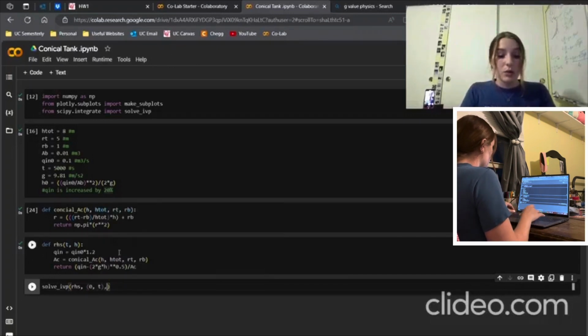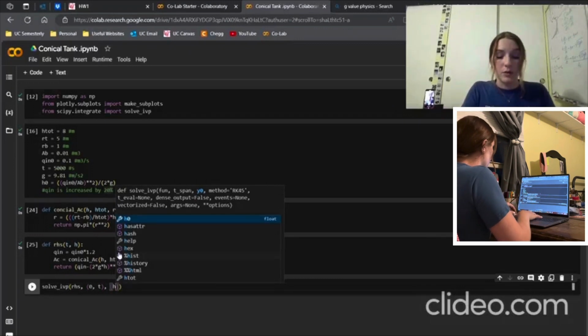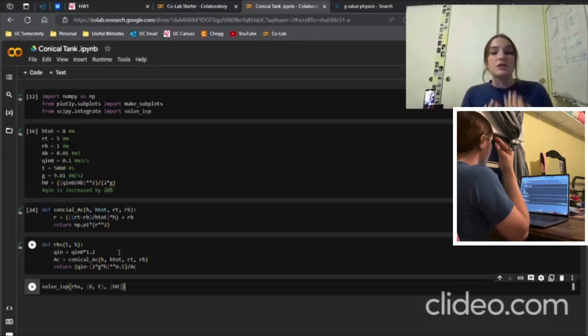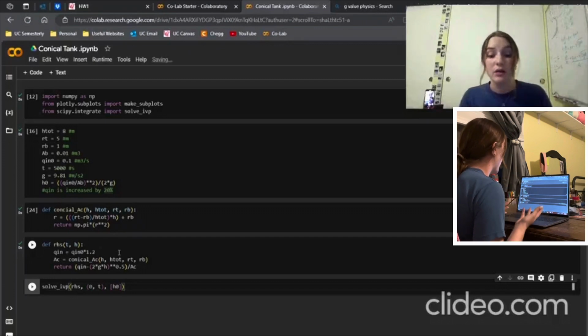And then we need to initialize our dependent variable. So our dependent variable is h naught. So we have to put h naught into brackets because solve IVP wants to solve multiple differential equations at the same time. So since we are only solving one differential equation, we have to kind of trick IVP into telling it that our h naught is an array.